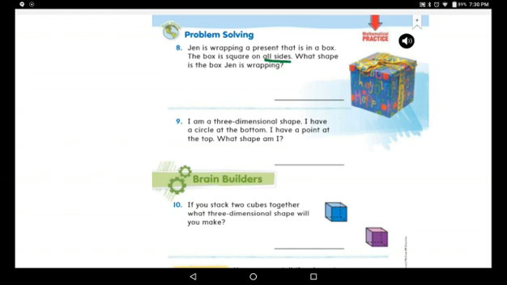What shape is the box Jen is wrapping? I'll read it again. Jen is wrapping a present that is in a box. The box is square on all sides. What shape is the box Jen is wrapping?